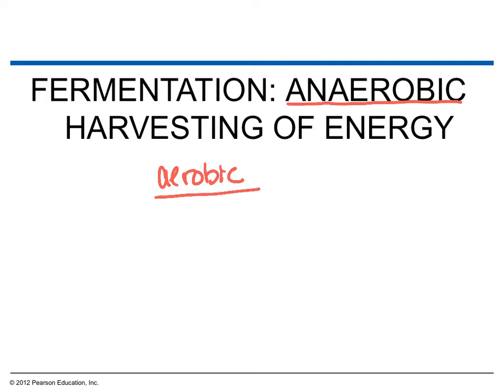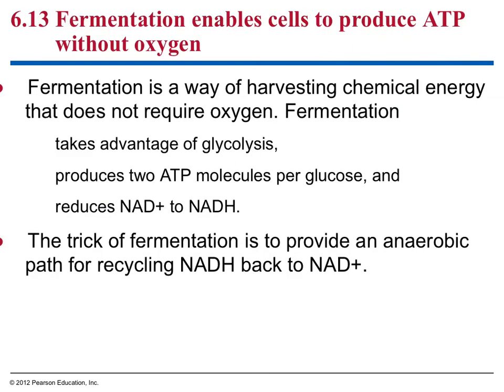If we look at this prefix right here, an means without. So that essentially means without oxygen. And some organisms can carry out anaerobic respiration or anaerobic cellular respiration. And one of the ways in which they do that is called fermentation. And so fermentation is cellular respiration in the absence of oxygen, no oxygen available.